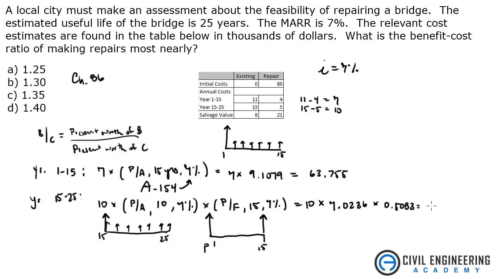And what does it give me? 35.7009. Okay, so that's the benefits. This is all benefits.